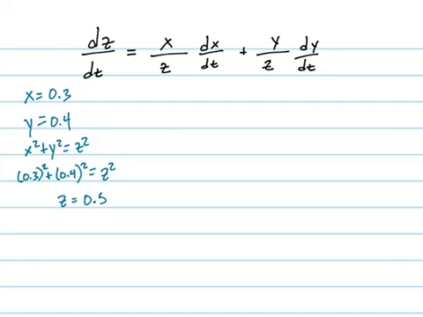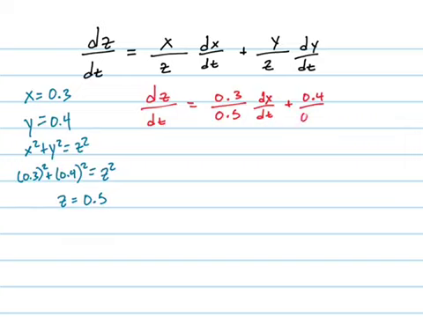Now we can take this equation a little further: dz/dt equals 0.3 over 0.5 dx/dt plus 0.4 over 0.5 dy/dt.